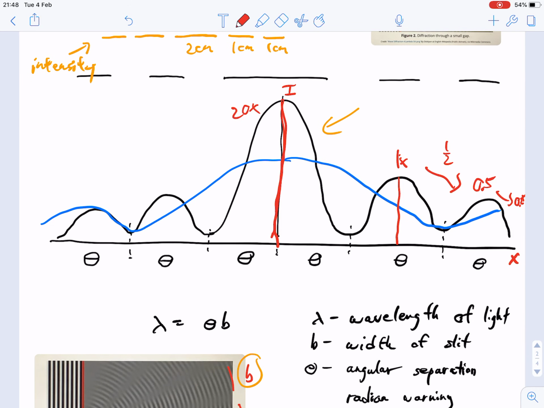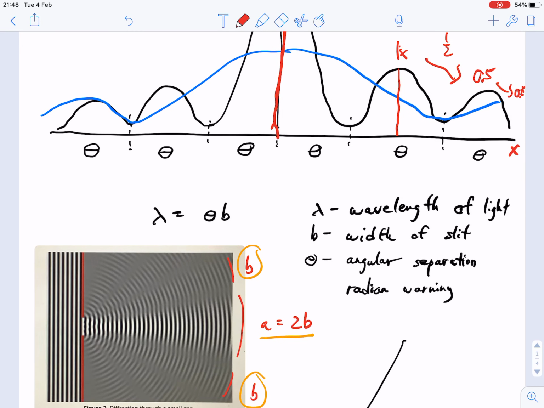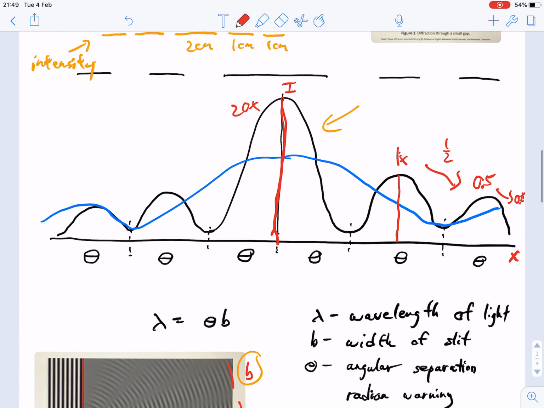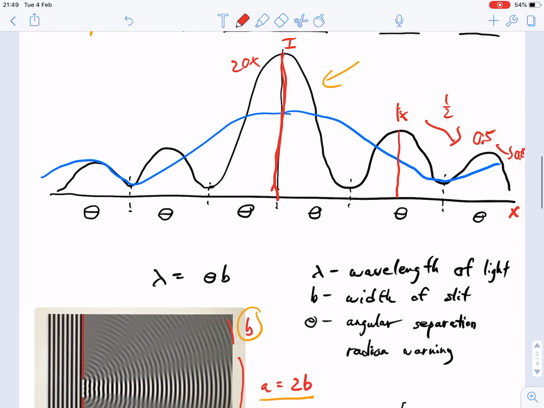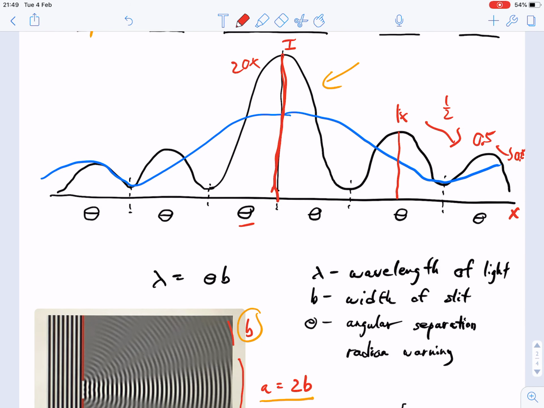The other thing that we're going to get into right now is the idea of measuring the intensity levels in terms of an angle. And this is a quick little radian warning. So we usually measure the stuff in radians. And so if we just have a quick look at this formula, we'll go into how this formula came about.